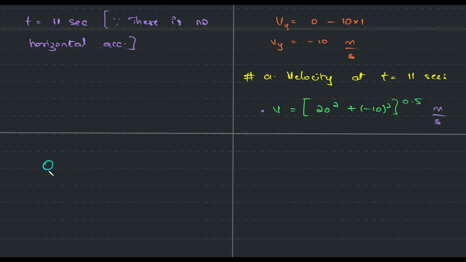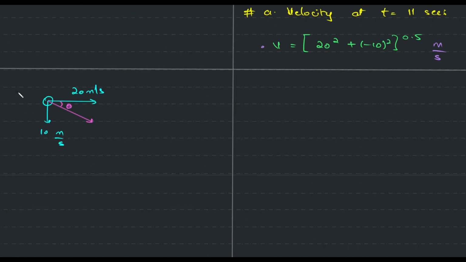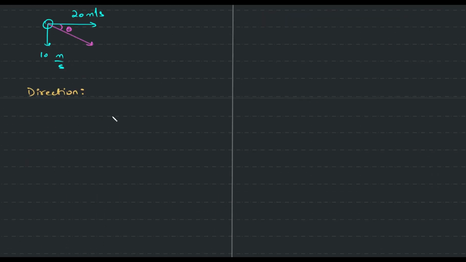So we have the stone, it's moving with 10 meter per second downward, and rightward is much more than 10. It's 20 meter per second. So your resulting velocity will be something like this. Say this is theta. Then the direction will be tan theta, which is equal to Vy by Vx.